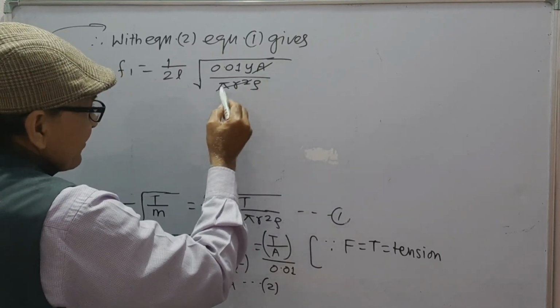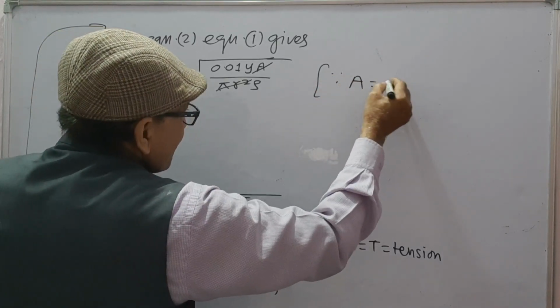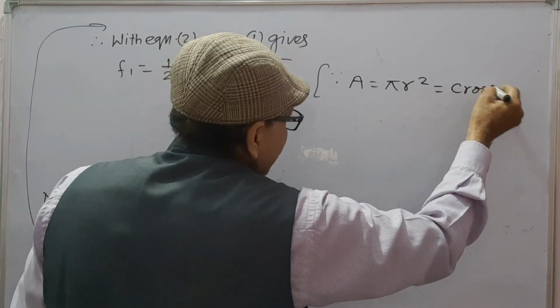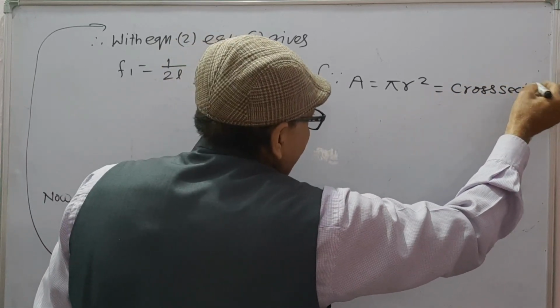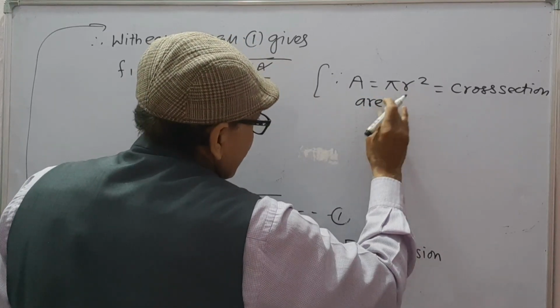A can be cancelled with pi r square because A is equal to pi r square. This is the cross section, the area of the wire.